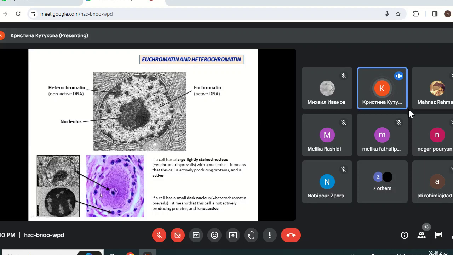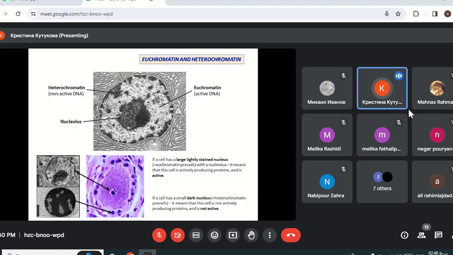So neuron is a very large cell. It has a very large and light nucleus. It is light because of euchromatin, and it means that this cell is producing proteins now. But the glial cells have small dark nuclei. Here they are, small, dark.